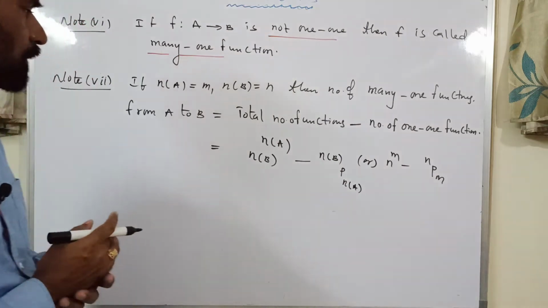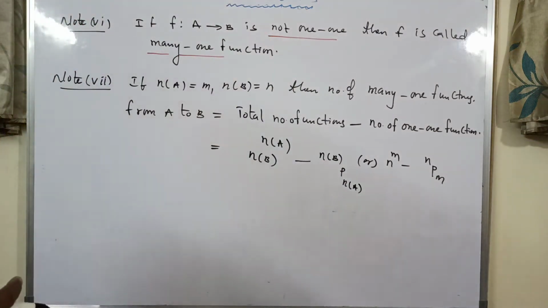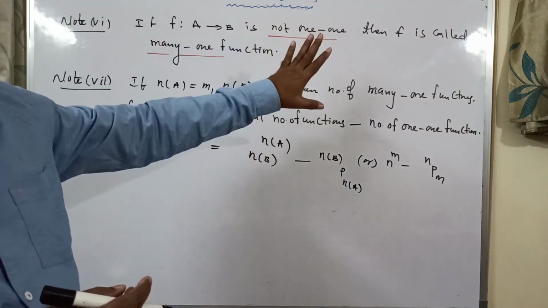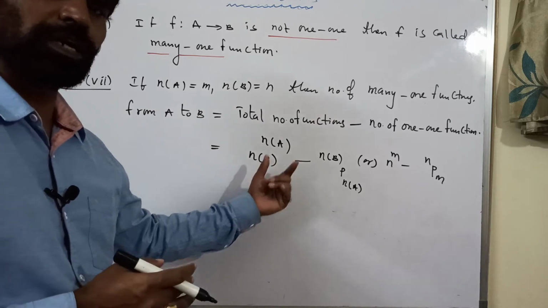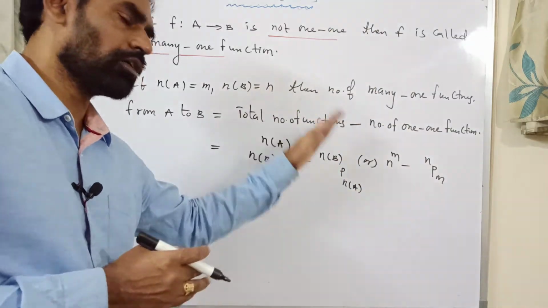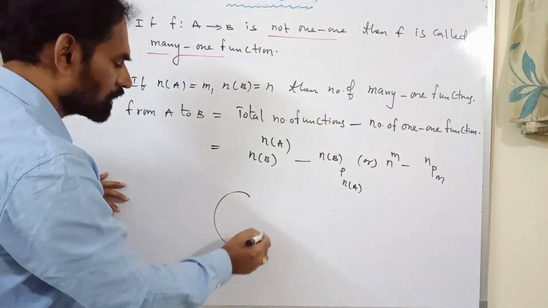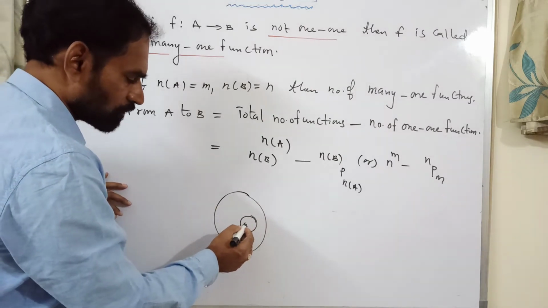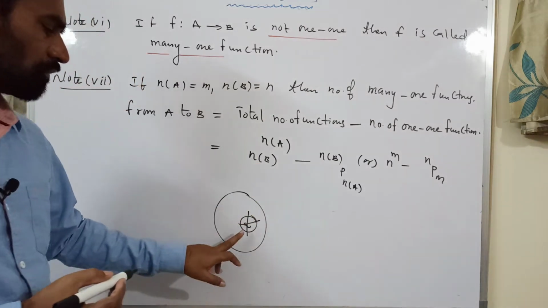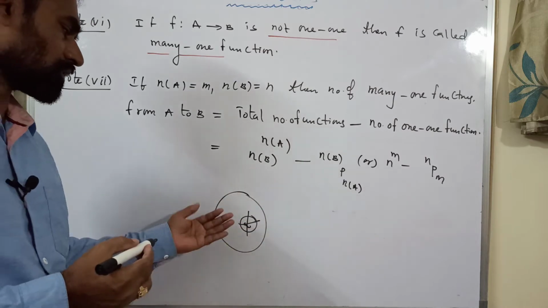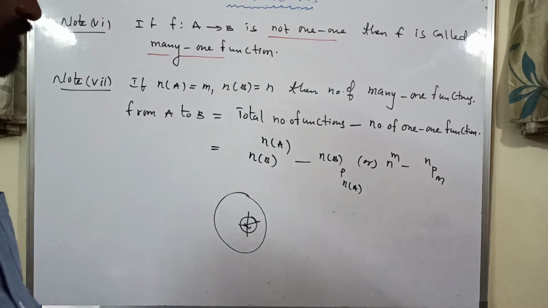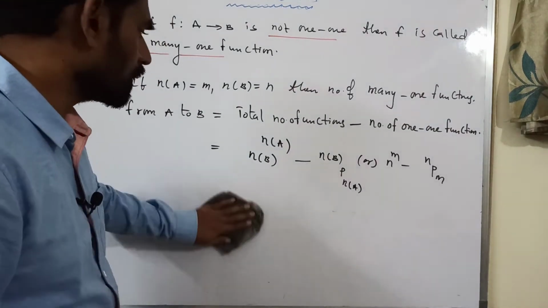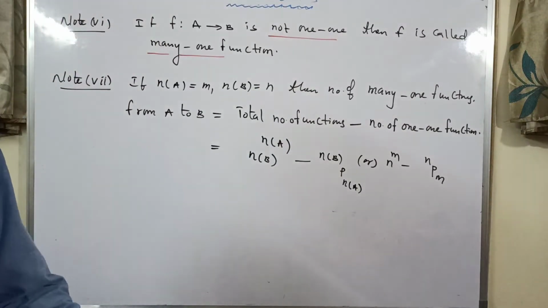Any function that is not 1-1 is a many-one function. So if you subtract the 1-1 functions from the total functions, you get the number of many-one functions. Remember, this is the formula for the number of many-one functions.